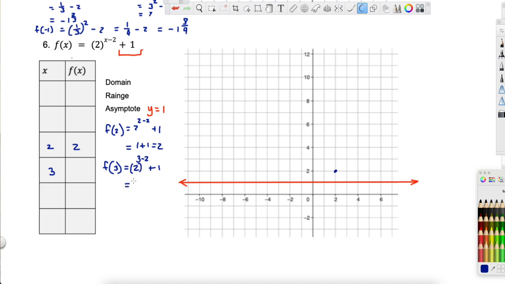This is 3. 3, 3. Two to the 4 minus 2 plus 1. 4 minus 2 is 2. 2 squared is 4 plus 1 is 5. So I'm at 4, 5 right there.